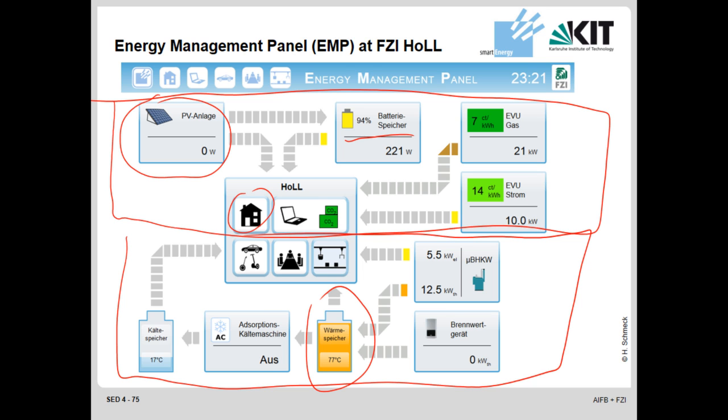It means that we are storing all the data from these different devices continuously in some database, and we display the information in this energy management panel, and then we allow to look at the history of that data on this time series at different resolutions.